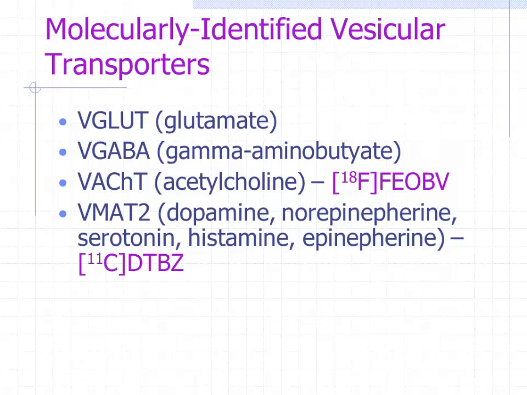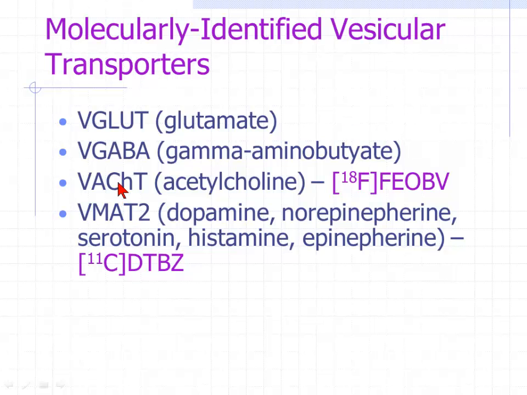Now, talking about vesicular neurotransmitter transporters in general, all neurons that use small, low molecular weight neurotransmitter substances have transporters on the synaptic vesicles that move the transmitter from the cell cytoplasm into the synaptic vesicle. And this is true, of course, for glutamate and other excitatory related transmitters, for GABA, for acetylcholine, and we'll talk about that later this morning, and for the monoamines.